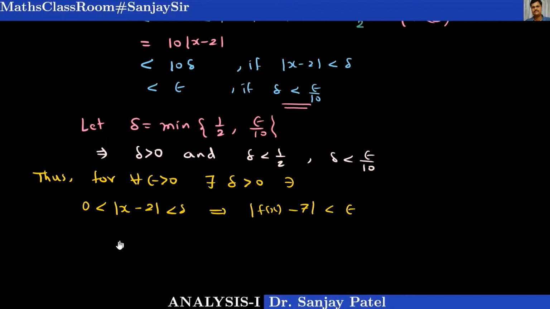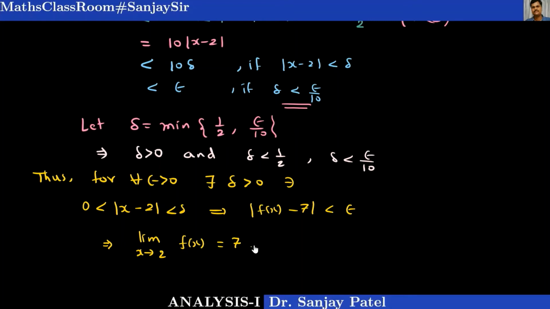So this proves that limit x tends to 2 of the given function fx is 7. Okay, this is a good example. Always in functions which are rational expressions, always try to make the denominator less than some constant in that mod of fx minus L expression.